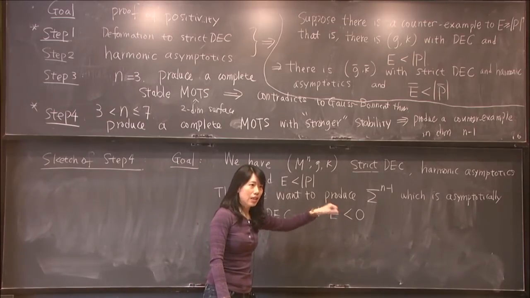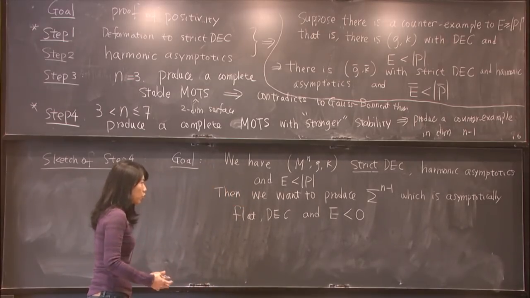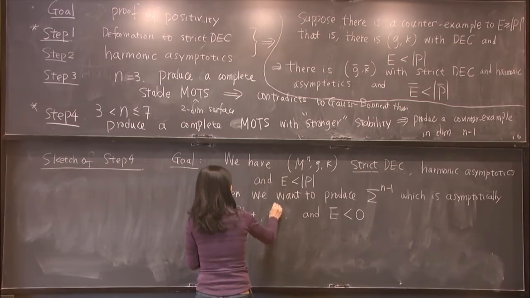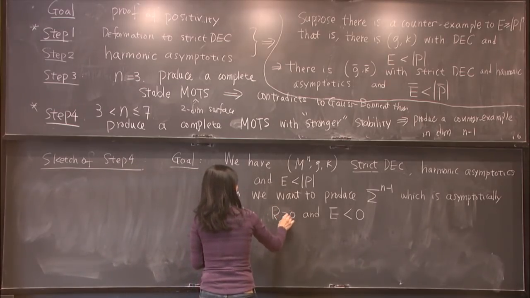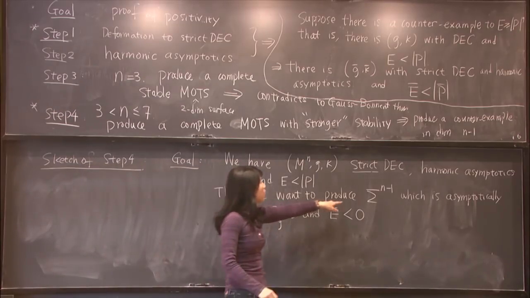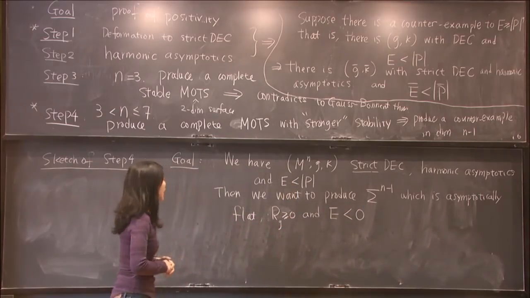So that will contradict the n-1 dimension case, which should be true by the induction hypothesis. And more specifically, we will actually construct one with non-negative scalar curvature. And this will come from constructing stable minimal surfaces inside N.